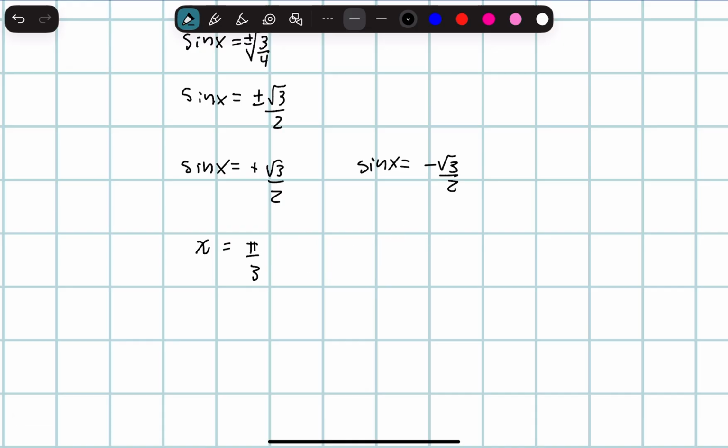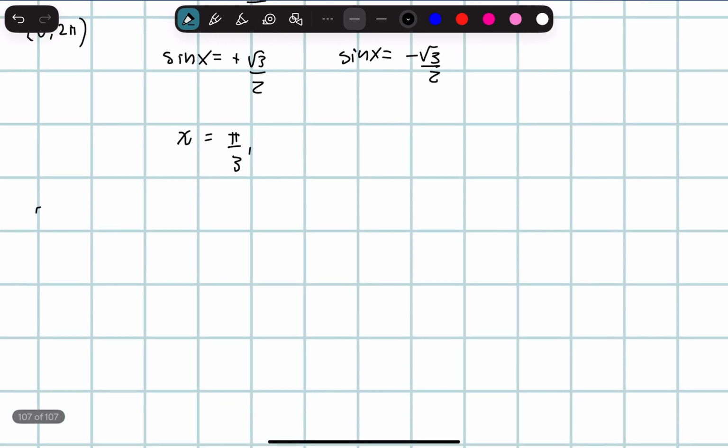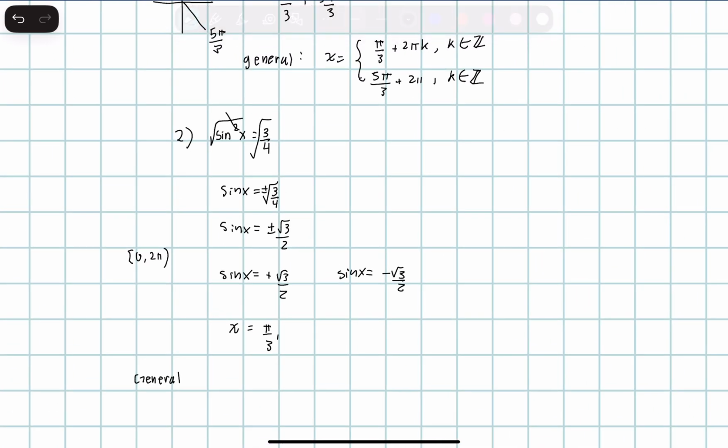Wait, for the solutions, we're going to do the solutions on 0 to 2 pi, and we'll put the general below. Let's also write that up here too, because that's what we did.